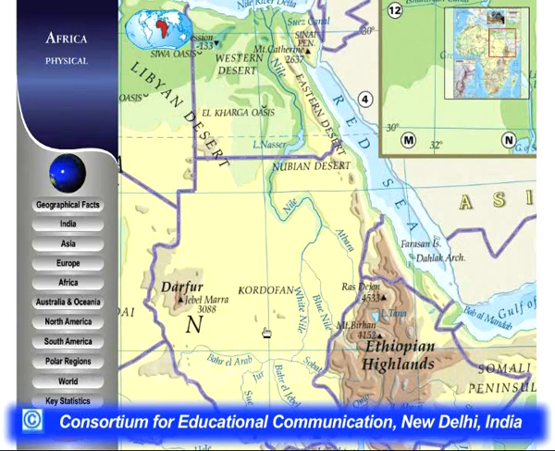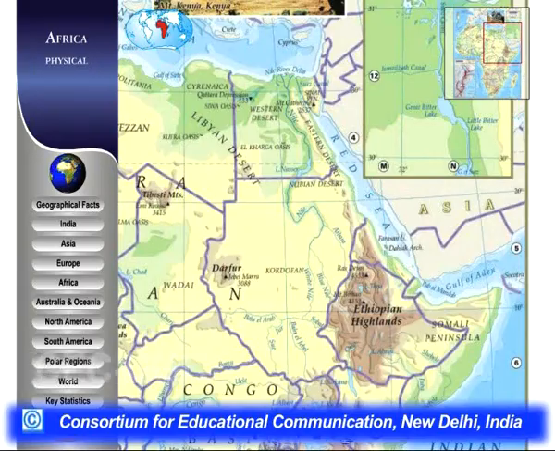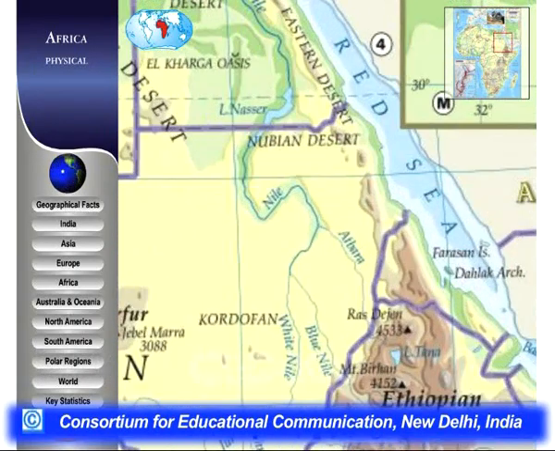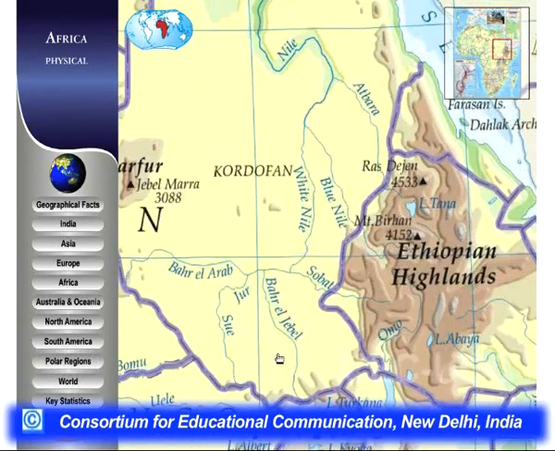This is the river which is lifeline of these countries, because it originates from equator.